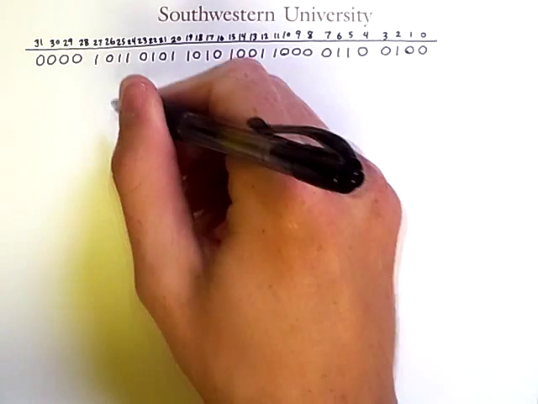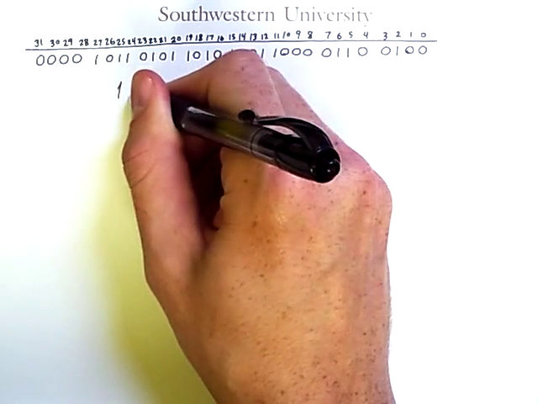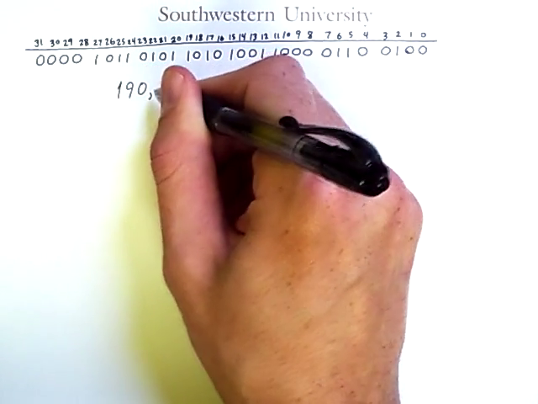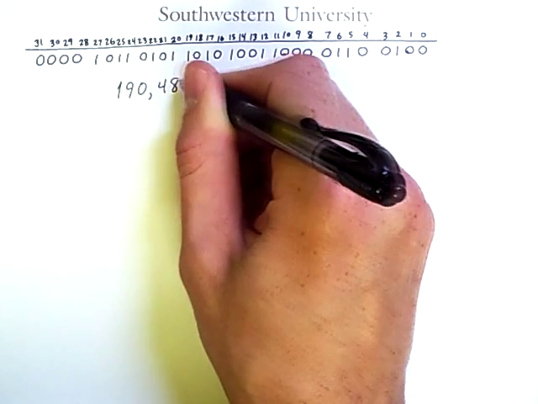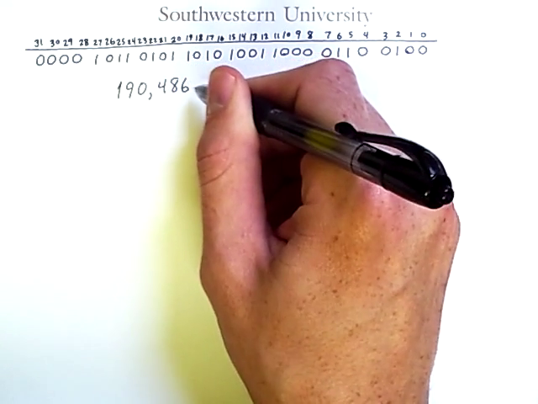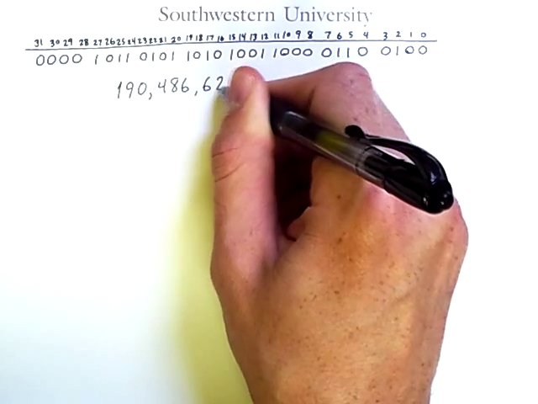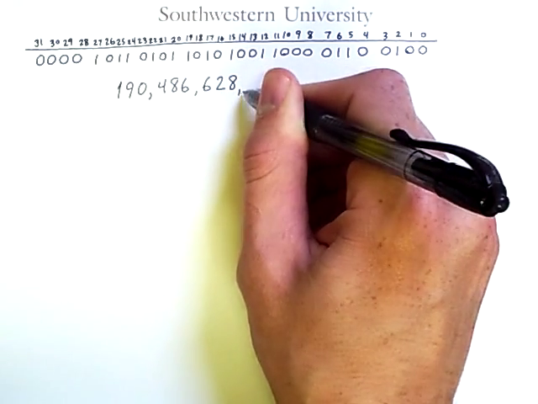Here's a long sequence of bits, 32 bits to be exact. Now, if you'd like to take the time, you can interpret this sequence of bits as an integer in decimal. If you do it correctly, you should get the following answer: 190,486,628 in base 10.